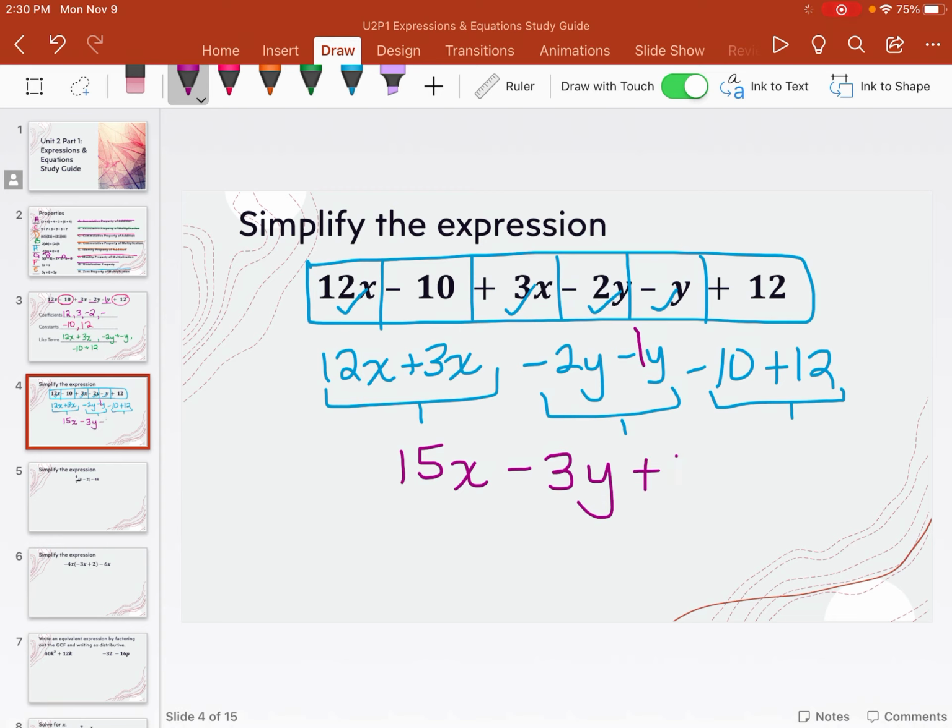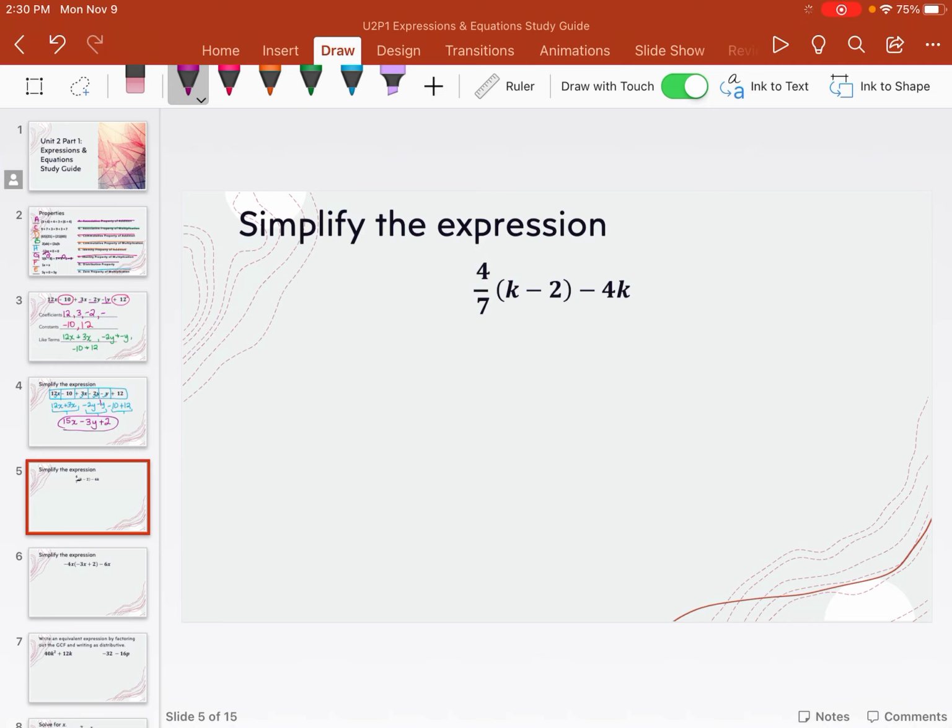All right, so this one, we're still going to combine like terms, but before we can do that, we have to distribute. So remember, hand out the tickets before you get on the train. So we have to do this 4/7 times k. That's a 1k, so 4/7 times 1 is 4/7. Keep the k. 4/7 times this negative 2, or minus 2, so 4/7 times 2 over 1.